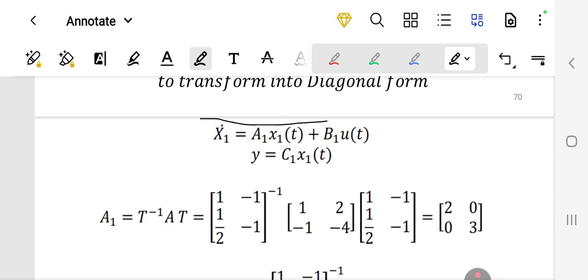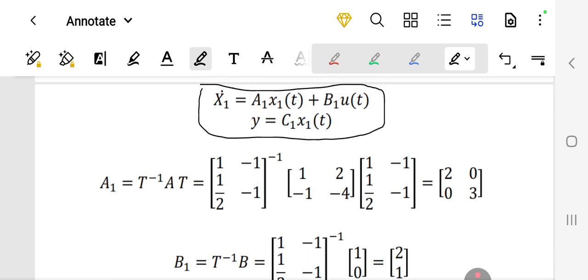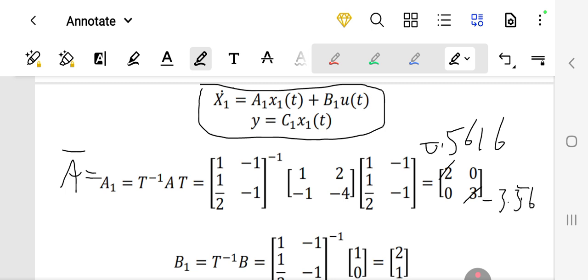We have the state space model for the system and we need to obtain the new state space model, or the new coordinates. We obtain the A hat matrix, which equals T inverse A T. T inverse times A times T will be 0.5616 and here negative 3.5616.